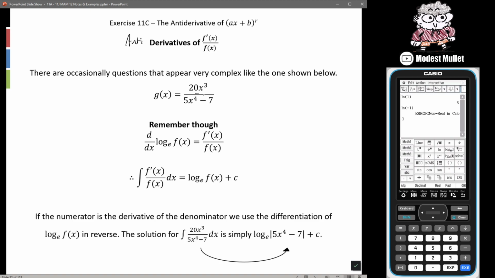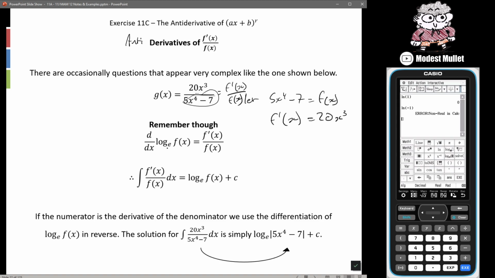If you look carefully, you could say that let 5x to the power of 4 minus 7 equal f of x, and it turns out that f dash of x is equal to 20x to the power of 3, so we have this situation where this is equal to f dash of x on f of x.